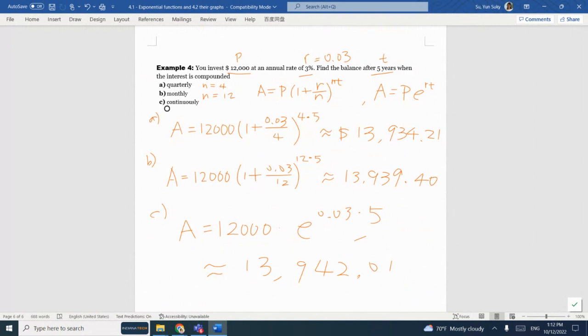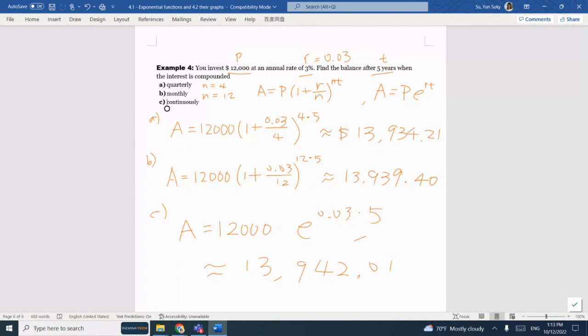Do you have a TI-34? You're TI-30. You don't have E, you don't have LN.